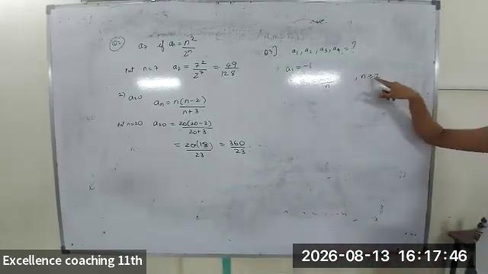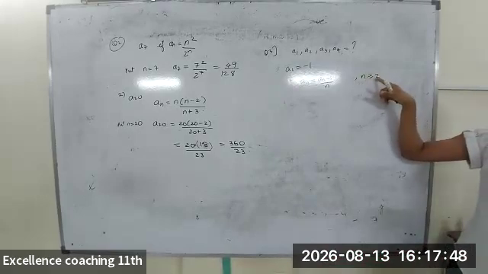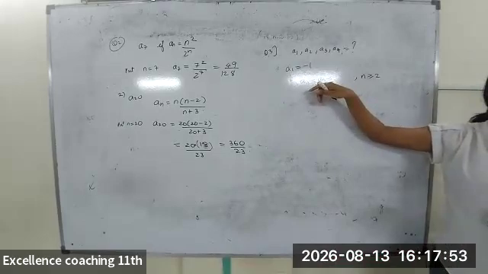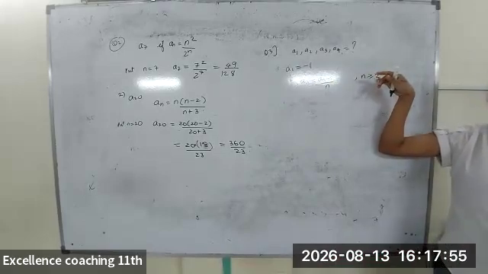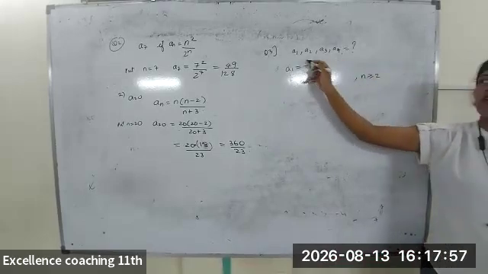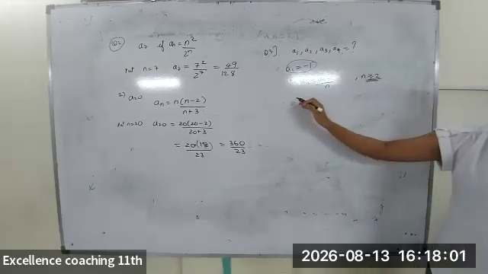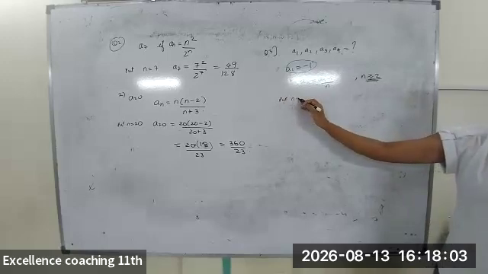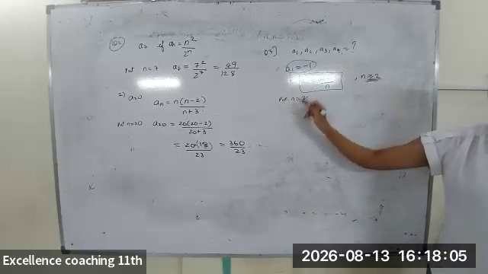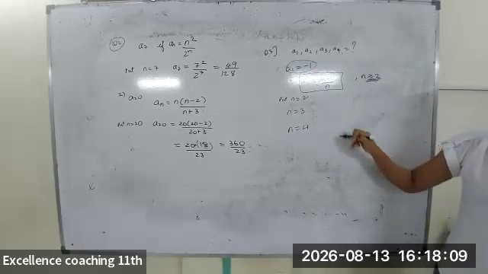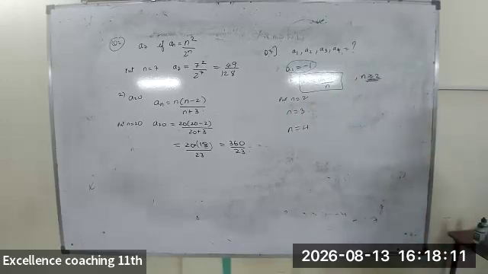So whenever you use n as 2, 3, A1 is already known. N will start directly from 2 now. So here A1 we already know. So now you start putting the values of n from 2. First put n equals 2 in this, then put n equals 3 and n equals 4 and calculate the answer.